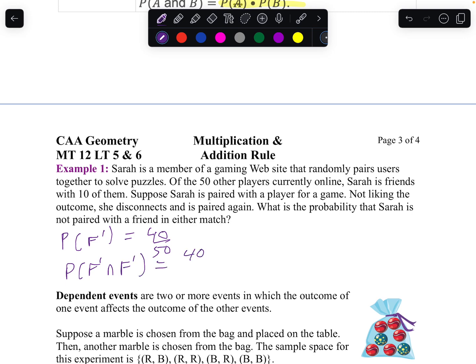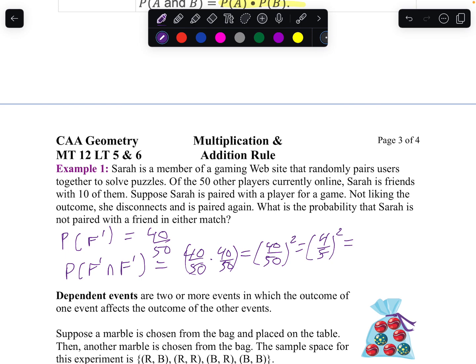It'd be 40 out of 50 times 40 out of 50, which is the same thing as 40 out of 50 squared. And then we can reduce that to 4/5 squared. And that would be 16 out of 25.